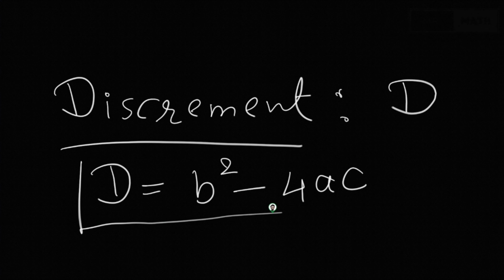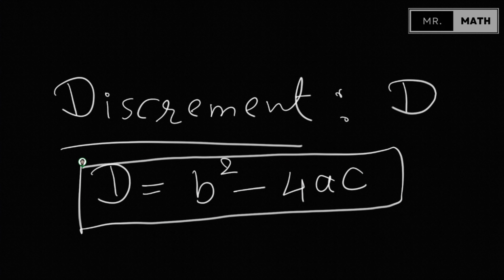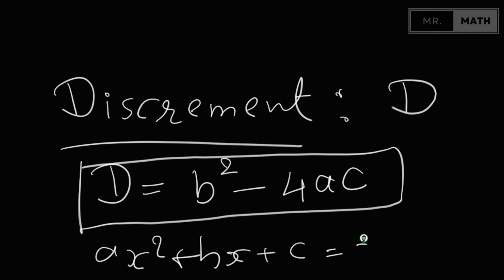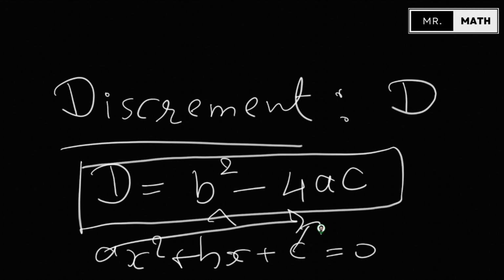D is equal to b square minus 4ac. That's a simple thing. D is nothing but just a value, right? This is the b, this is the a, and this is the c. So for ax square plus bx plus c, D is b square minus 4ac.